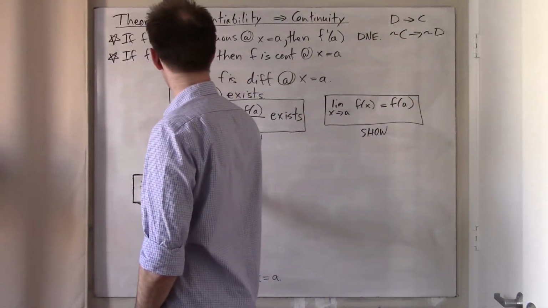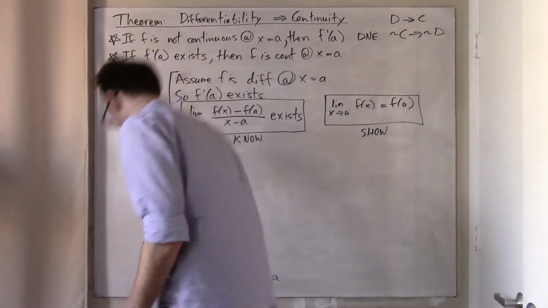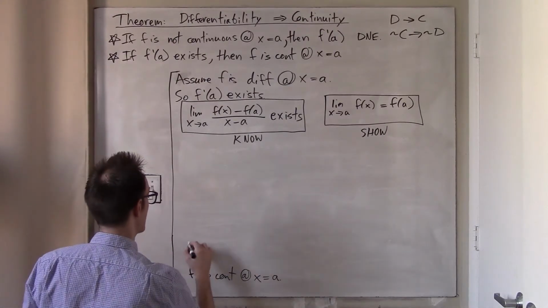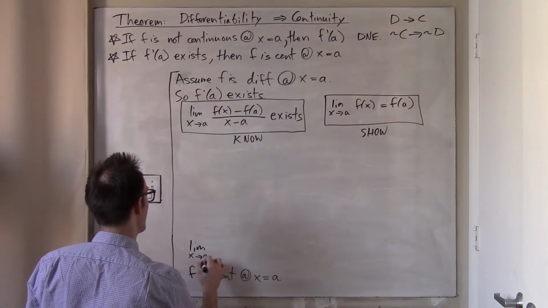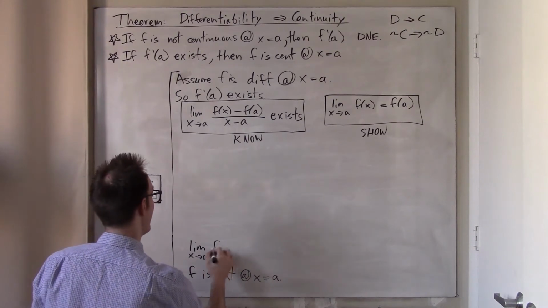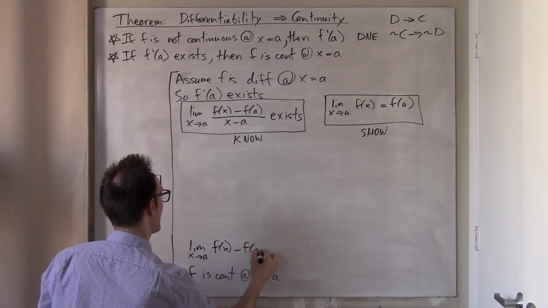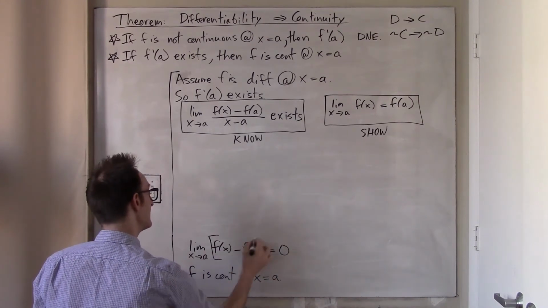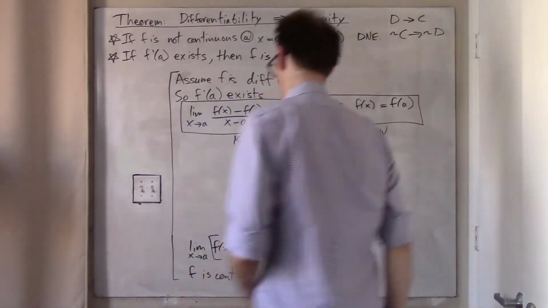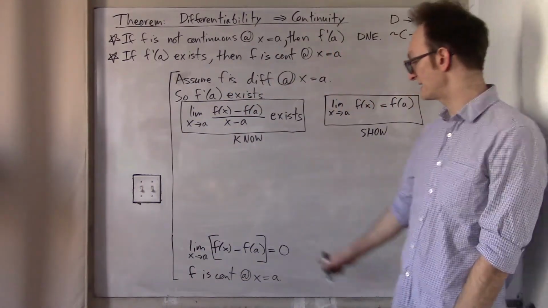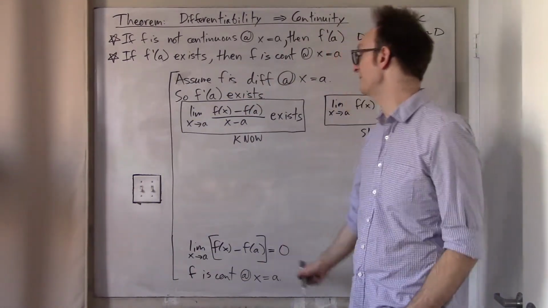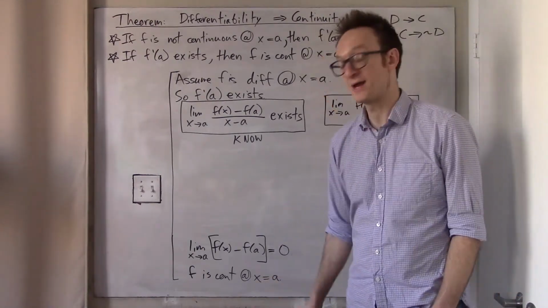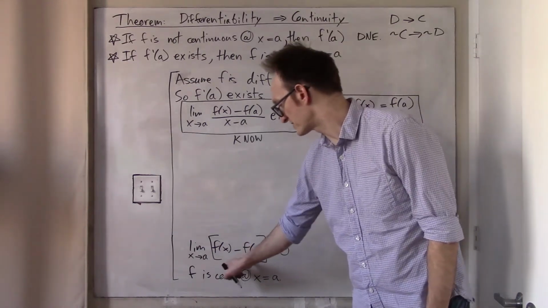So here's my plan. My plan is to prove that the limit as x approaches a of f of x minus f of a is 0. If I can prove that, then limit laws will enable me to conclude that the limit of a sum is the sum of the limits.